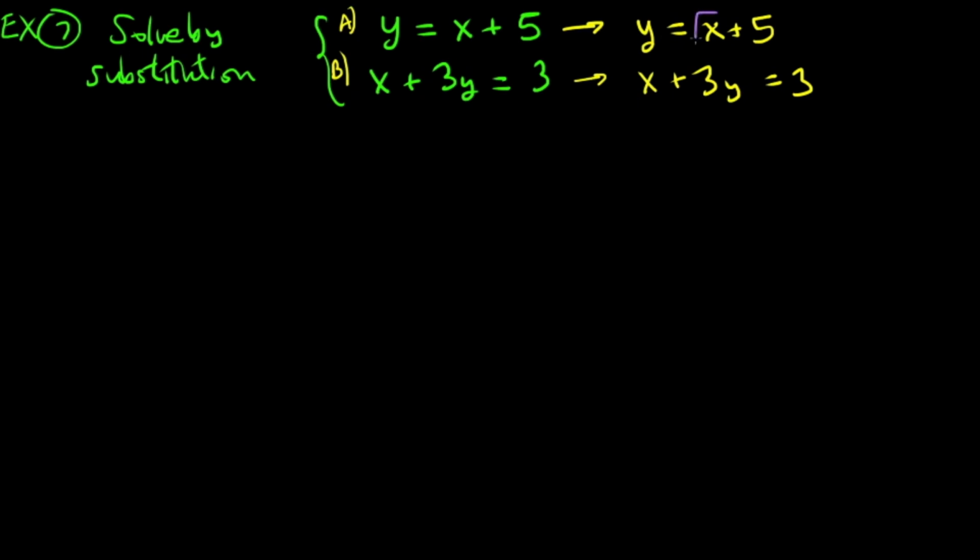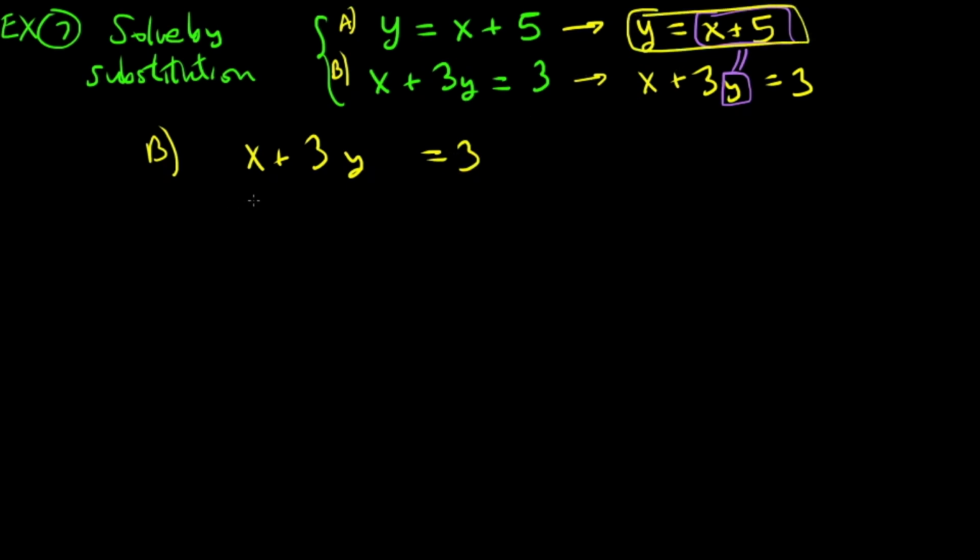If y is equal to x plus 5, then this y also has to equal x plus 5. So what we're going to do in equation B is replace the y with what it equals, namely x plus 5. So instead of x plus 3 times y equals 3, it's x plus 3 times x plus 5 equals 3.